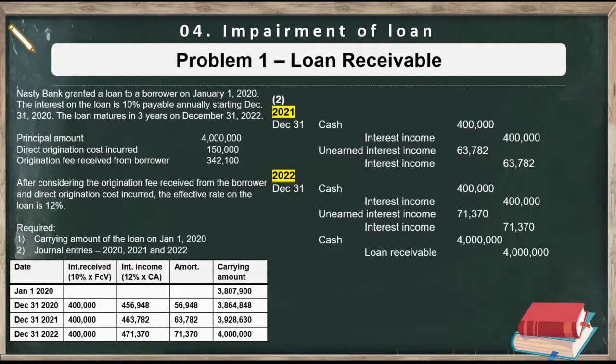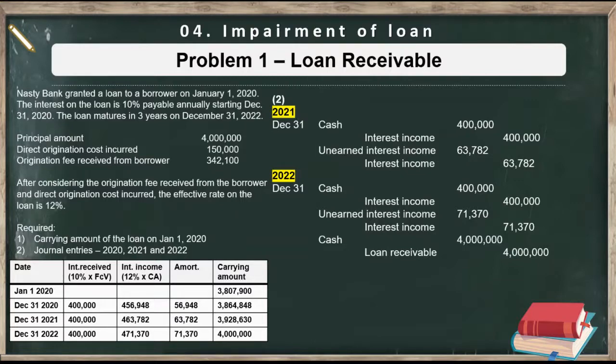So, again, a question on the problem. How much is the unearned interest income? So, previously, we had unearned interest income of 135,152. Then we deduct 63,782.